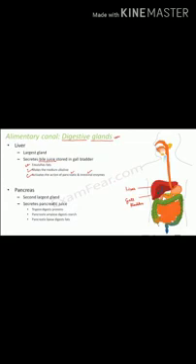So the pancreas is the second largest gland which secretes pancreatic juice. The pancreatic juice consists of three types of enzymes. Number one, trypsin. Number two, pancreatic amylase. Number three, pancreatic lipase. So, what is the function of each of these enzymes?